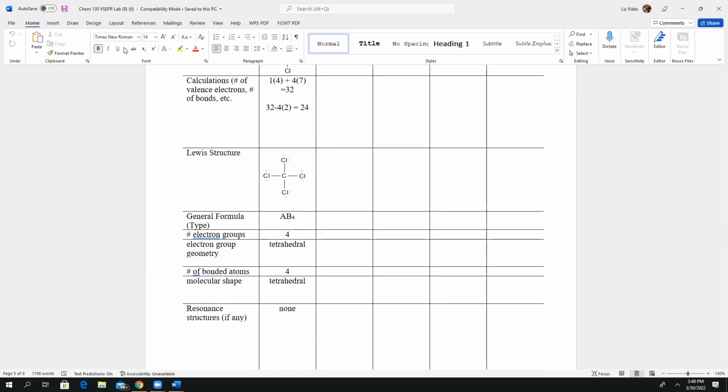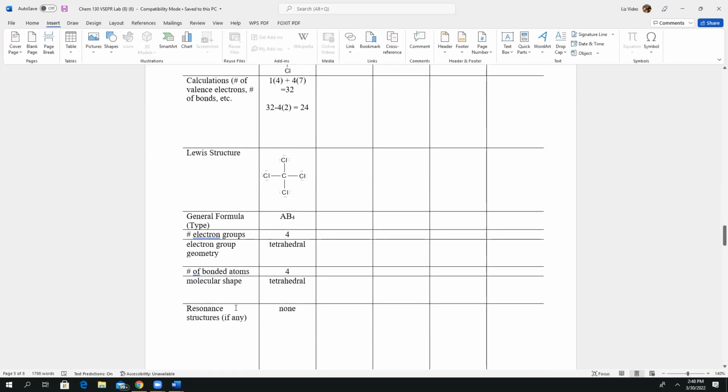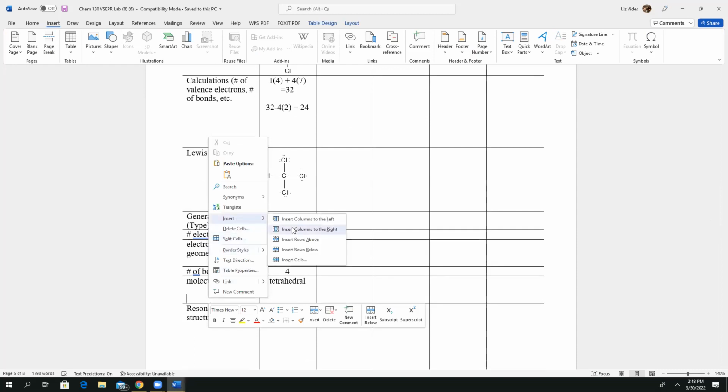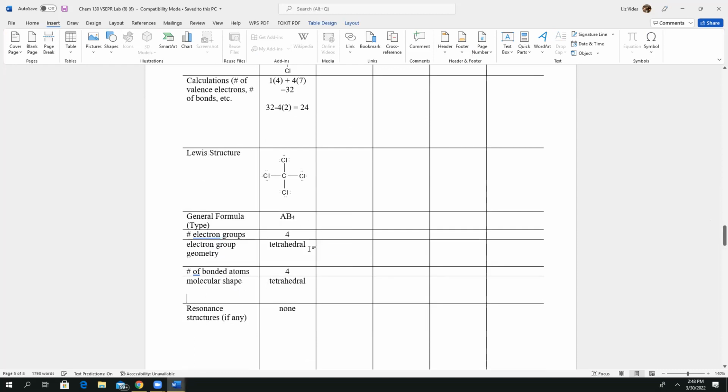So I'm going to insert one more row below, and we're going to call it bond angle because it's not on here, but it needs to be. Since it's tetrahedral, the bond angle is 109.5.